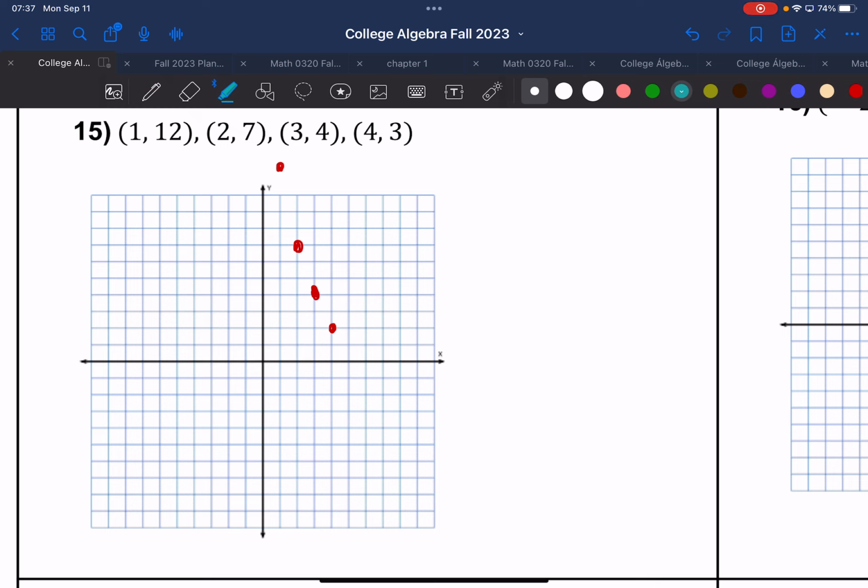Not, because look, this first point is not lined up, so it's going to have that curve in it. So it is not 100% linear. So this is not linear.